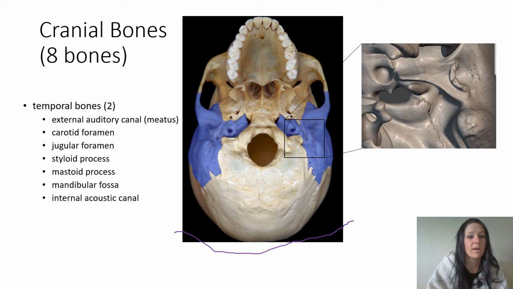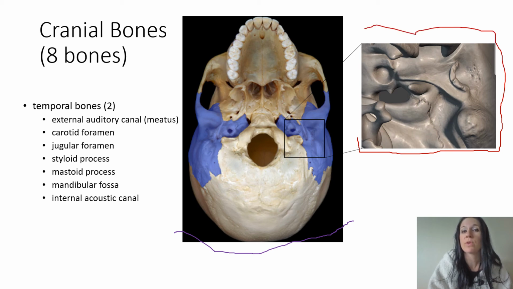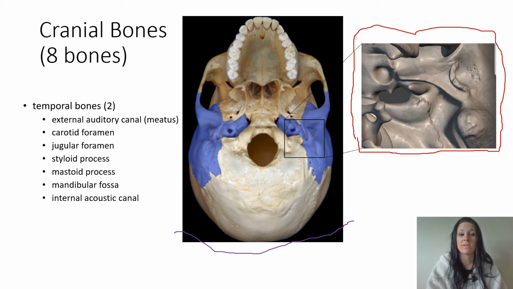Now remember, foramen means hole, so both of these things are going to be holes, right? The jugular foramen is where the jugular vein is going to pass through, and the carotid foramen is where the carotid artery is going to pass through. So if we increase the magnification, as you can see up in this image in the upper right corner, we can see these two holes right where we're looking on the inferior view of the skull.